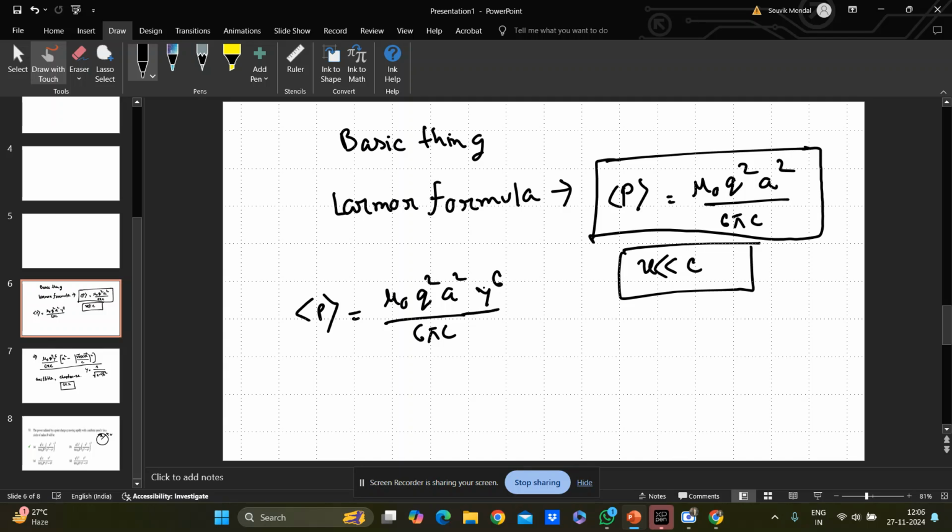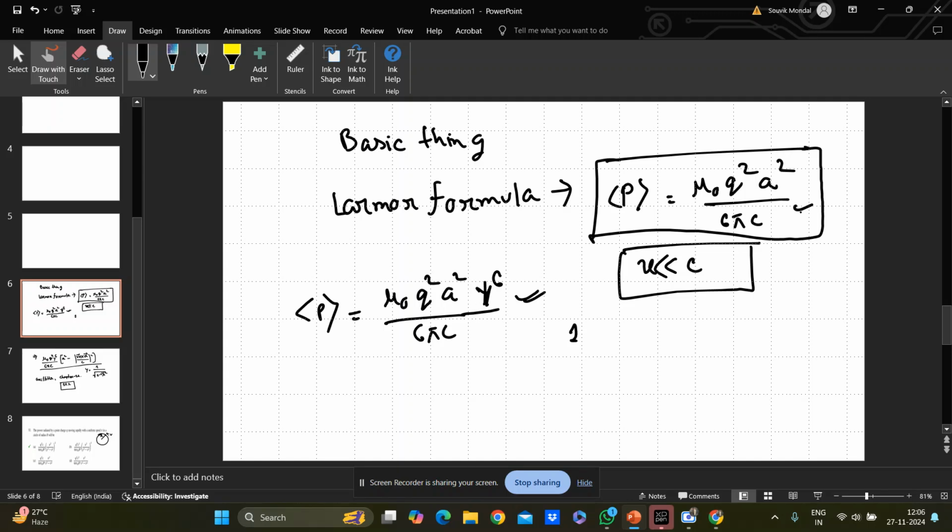How gamma to the power 6 comes is done in Griffiths, in an example in section 11.2, which is not very complicated and is beautifully done.